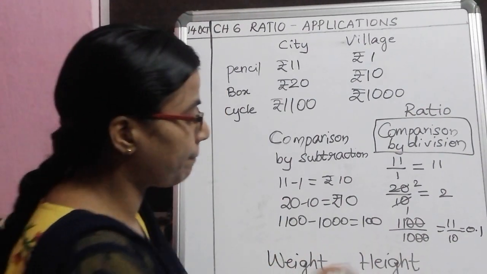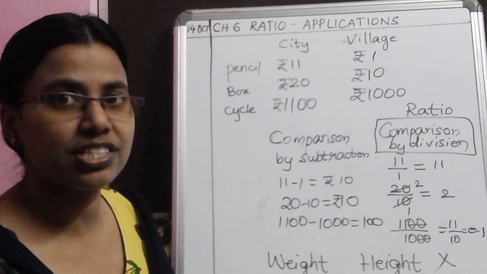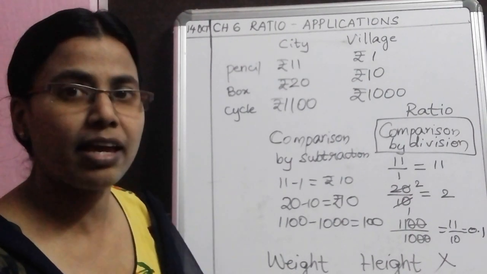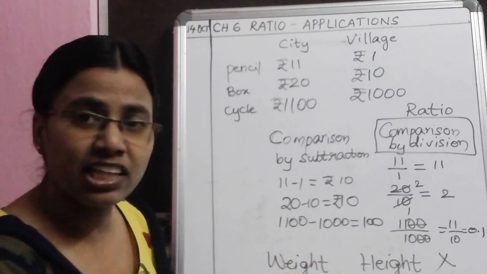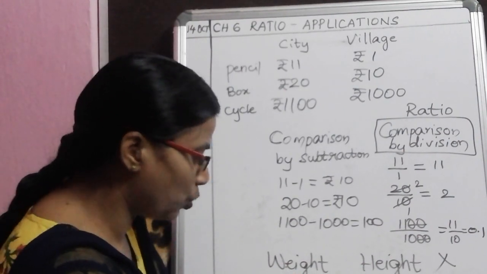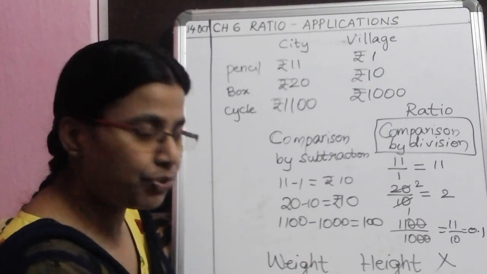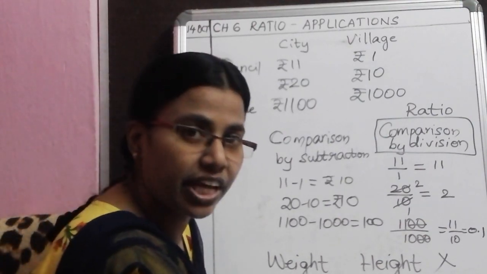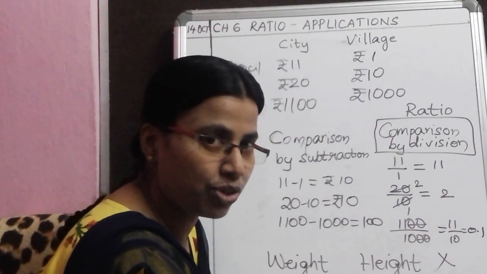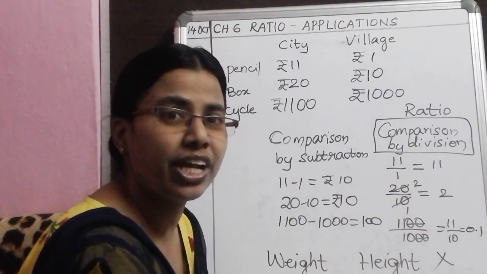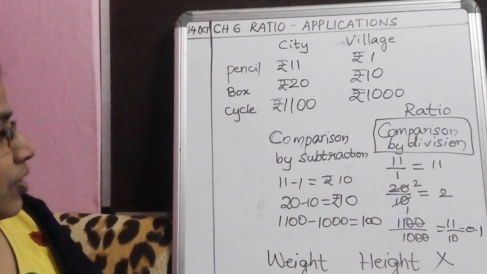We cannot compare two different quantities. They should be of the same kind. If you are taking weights, you should take two weights and compare. If you are taking heights, you should take two heights and compare. Comparison is going to take place, or ratios we are going to use, by this.